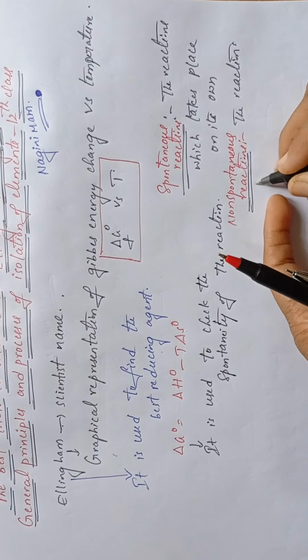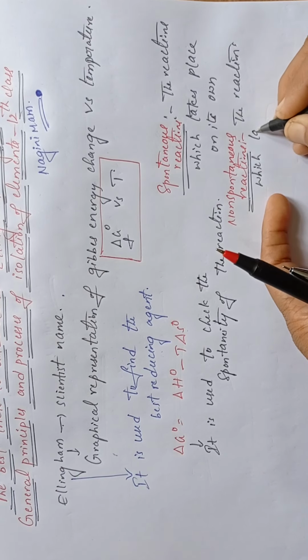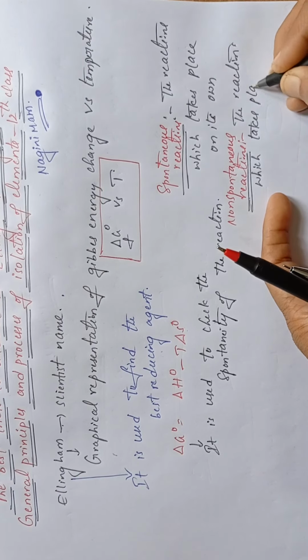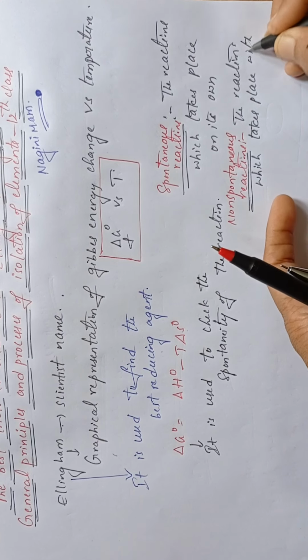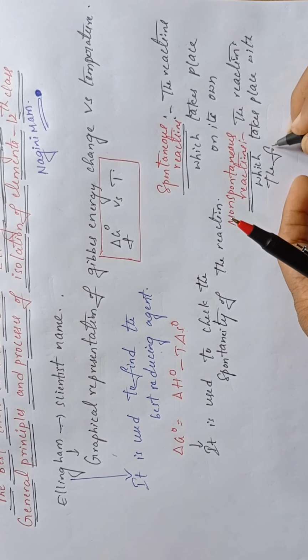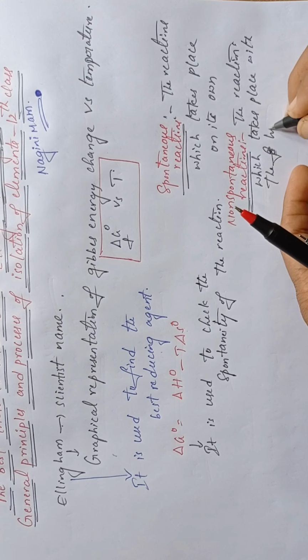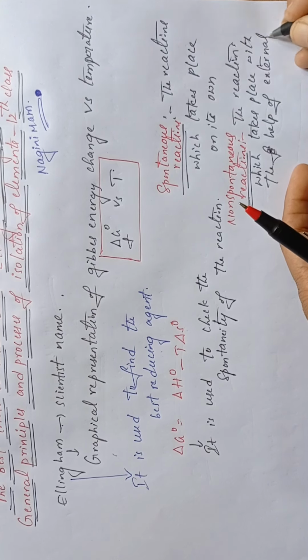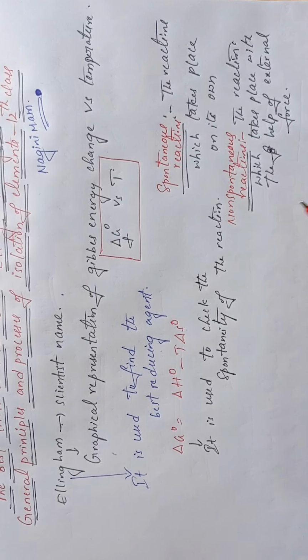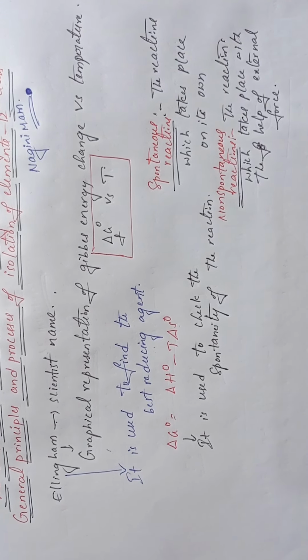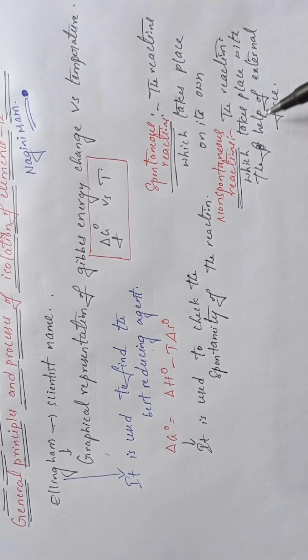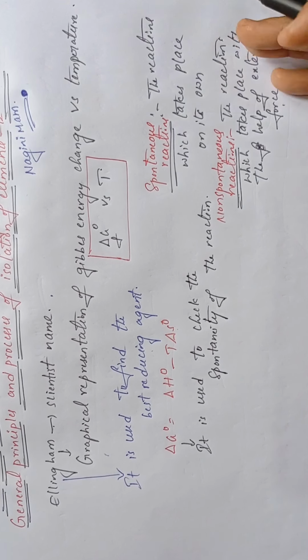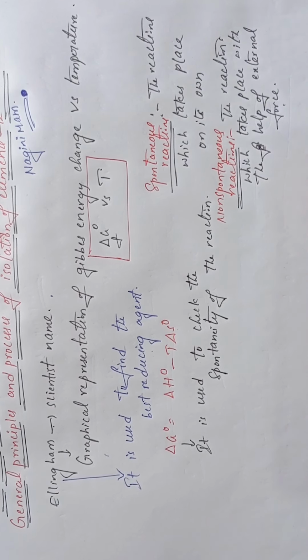The reactions which take place on their own. What is a non-spontaneous reaction? The reactions which take place with the help of external force. Some reactions take place with the help of external force; those are non-spontaneous reactions. Understanding?